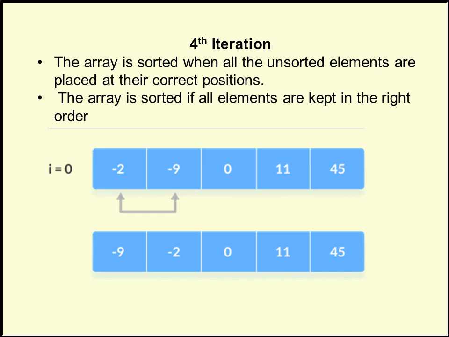After the completion of the fourth iteration, we get the ascending sorted list, that is -9, -2, 0, 11 and 45. This is the sorted list that we get by using the bubble sort technique in ascending order.